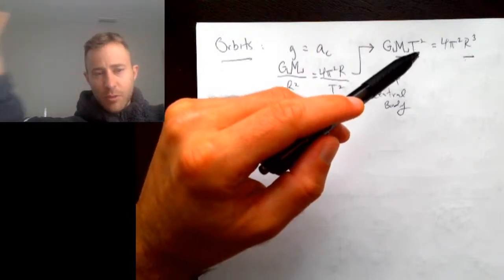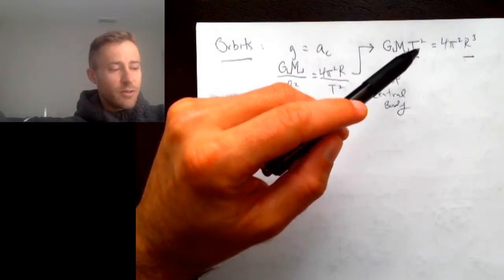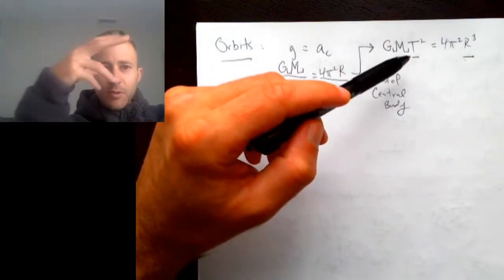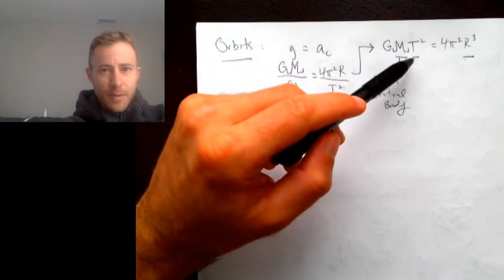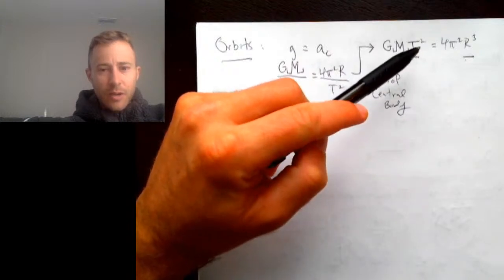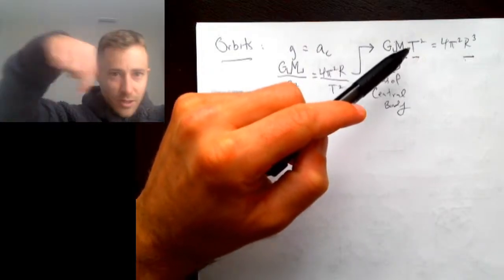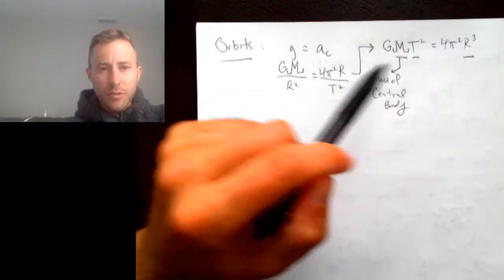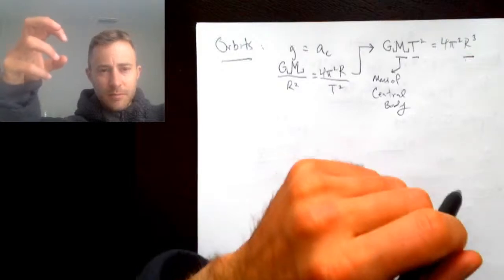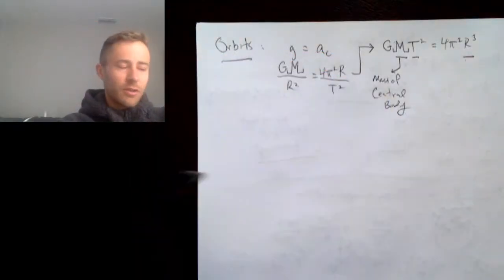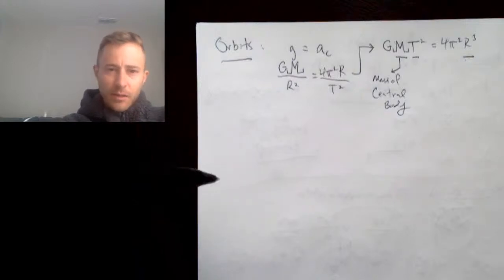In my opinion, the coolest application of this is to figure out the mass of the central body. If you observe something in orbit and you know that it has a certain orbital period because you're looking at it, and you know it has a certain orbital radius because you are looking at the distance between the two, you can calculate the mass of the central body. So that's pretty cool.